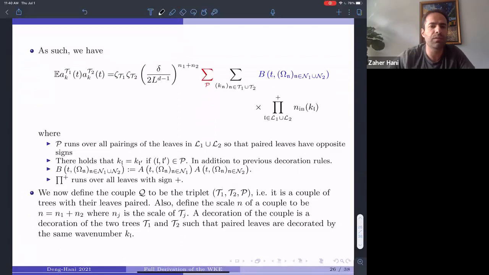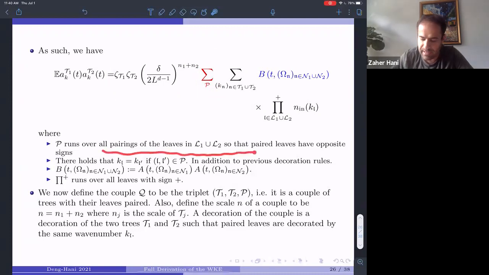So if we do that, what do we get? We get that the expected value of the product of two trees is given as follows. Those factors are the same as before. Now we have a sum over the pairings of the leaves, where P is a pairing of the leaves in L1 union L2, so that paired leaves have opposite signs.